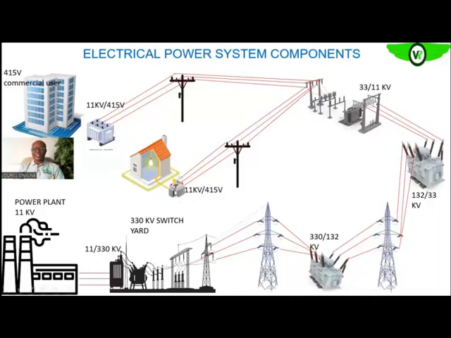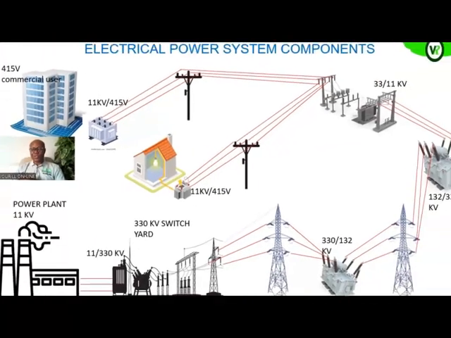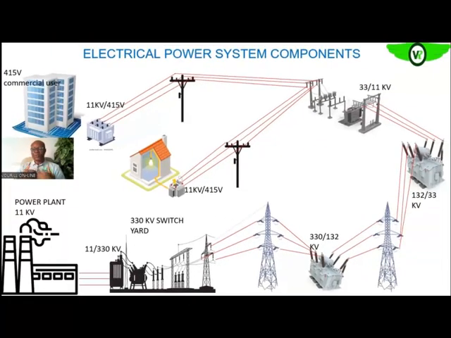At the consumer level, or close to where it will be used, a step-down transformer is always there to take it from 11 kV to about 415 volts. These are mostly the transformers you find at your street junctions, or closest to your load.